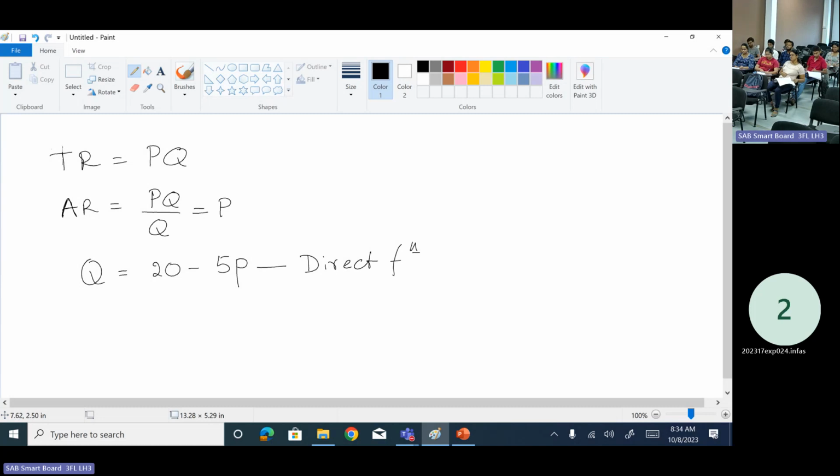Now we know that total revenue is price into quantity, so total revenue also depends on the output. Total revenue also depends on the cost, that means the cost functions. Cost also depends on output. Total revenue also depends on output.